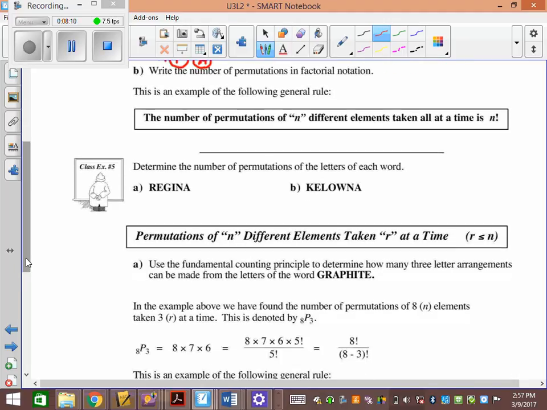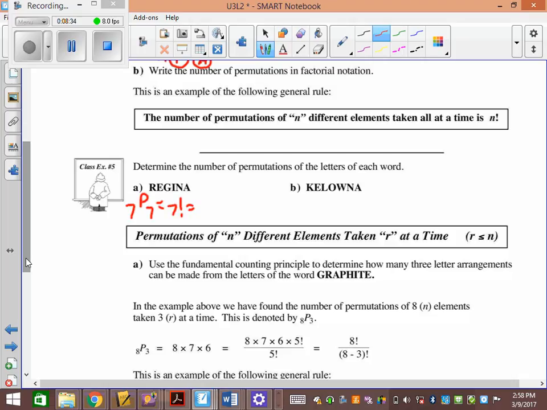So I'm going to change these. Example 5 says determine the number of permutations in the letters of each word. So we're going to do the letters of each word first. Okay? But then I'm going to make it a little bit harder. So Regina, it would be 7p7, or I could go 7 factorial, correct?